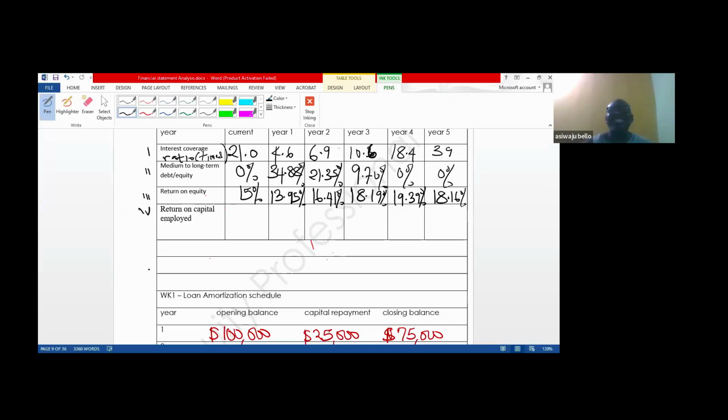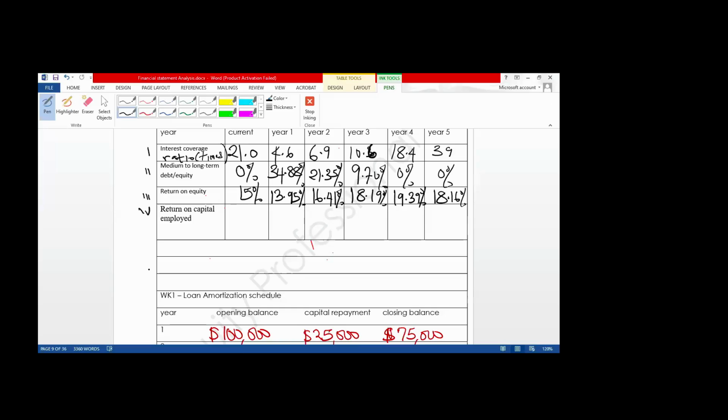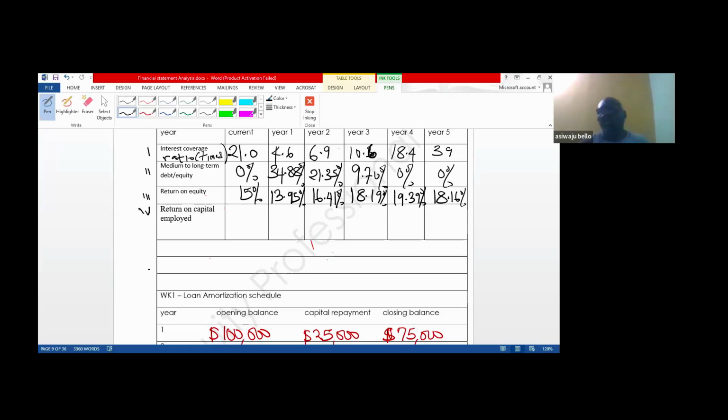Profit before interest and tax divided by total capital employed. Okay, you might be correct. Over long-term capital. Your long-term capital is equity capital and long-term debt.